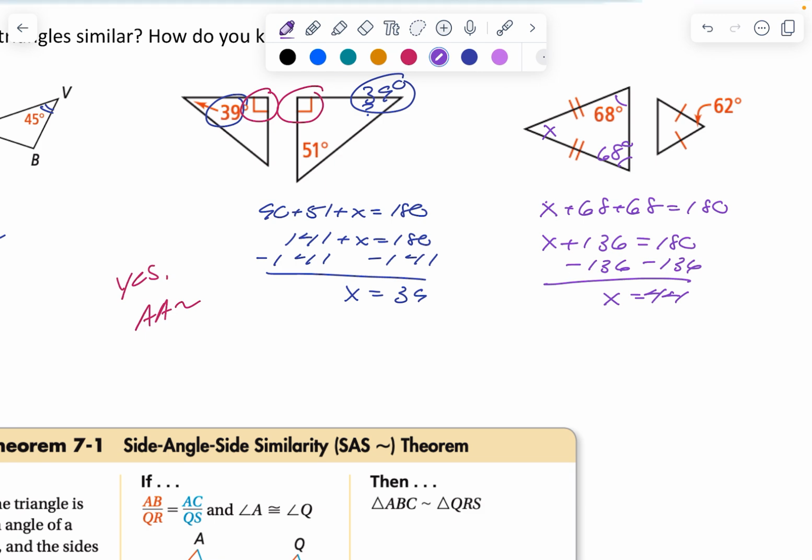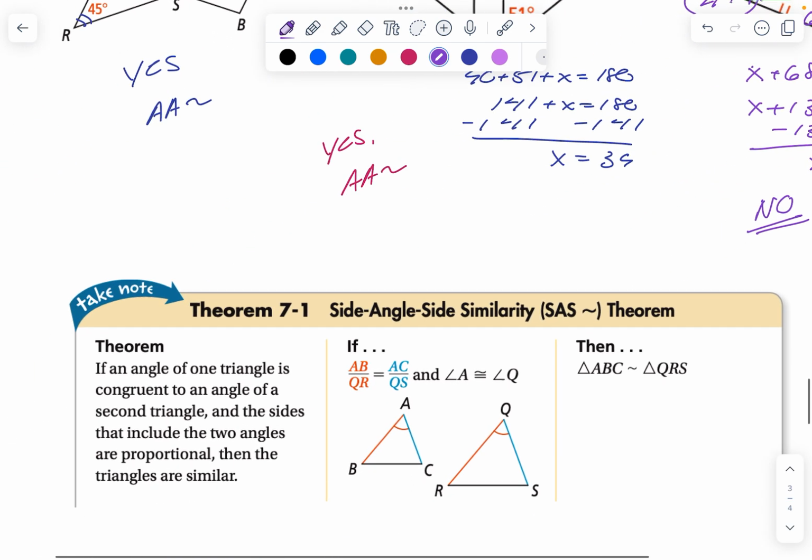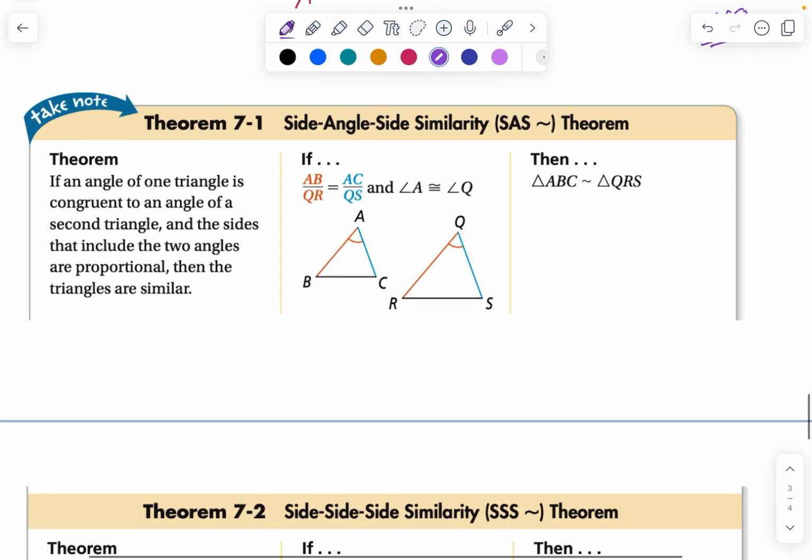Okay, so we figured it out. And the answer is no, right? Because we got 44 degrees for this, and this is 62. So we would just say no. And we've got work there to back it up.